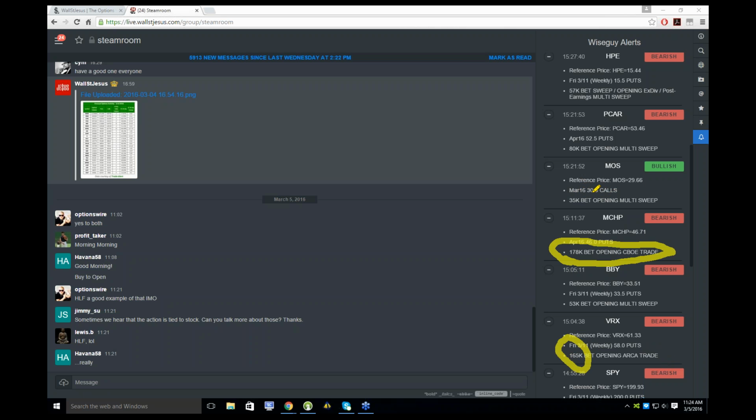But if you just see the contract amount, let's say a couple hundred contracts here and there, it doesn't really tell you that much. So that's why we throw out the actual dollar amount of that bet, which, by the way, can be easily computed by taking the contracts that they bought and multiplying that by where they bought it.